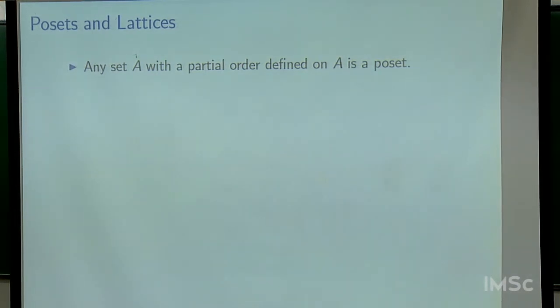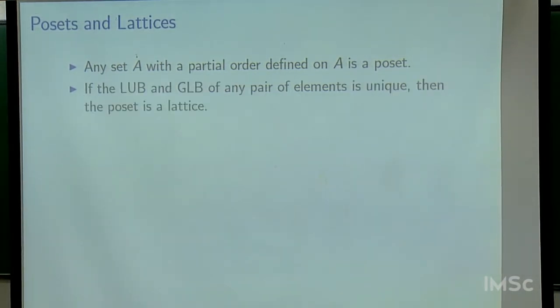Now we'll just refresh the definition of posets and lattices. Any set with a partial order defined on it is a poset, and if you take any pair of elements and look at its LUB and GLB, if they are unique, then that poset is called a lattice.